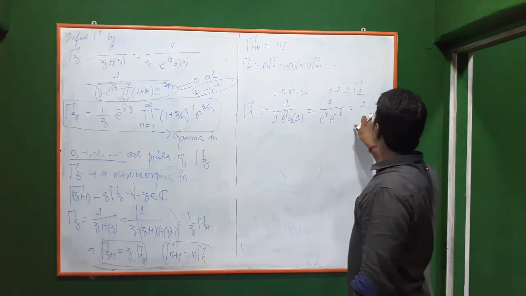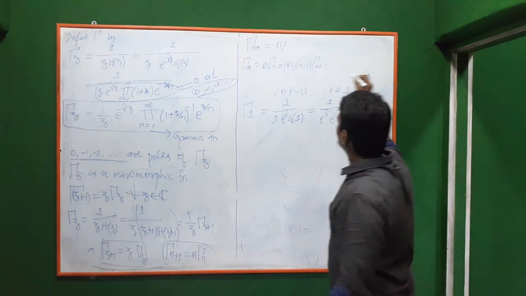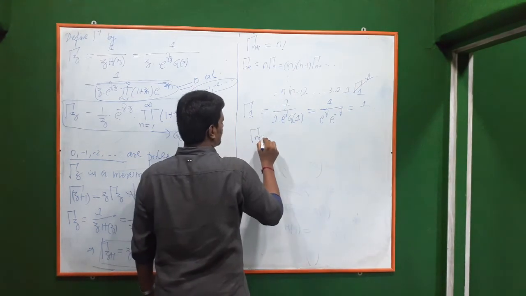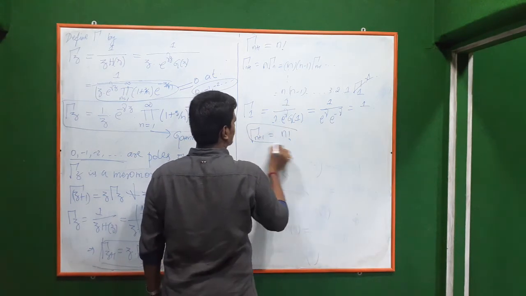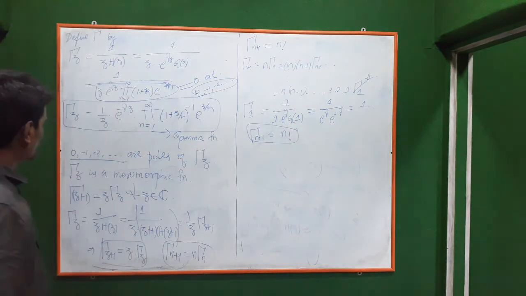So gamma of 1 is 1, and so gamma of n plus 1 is n factorial. This is one property.